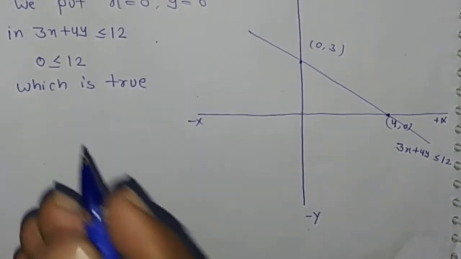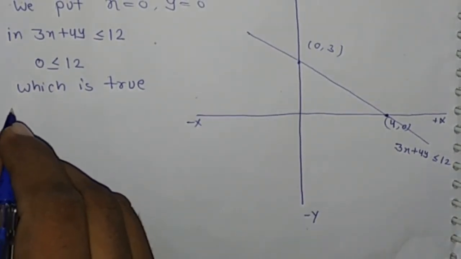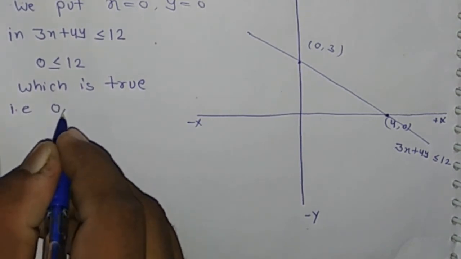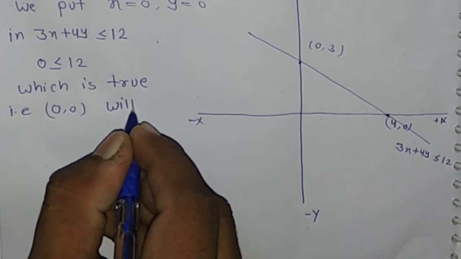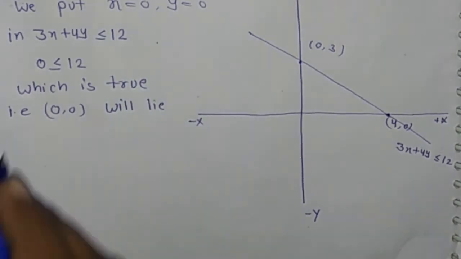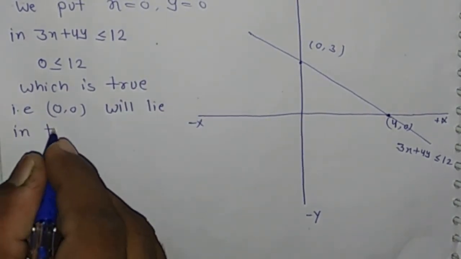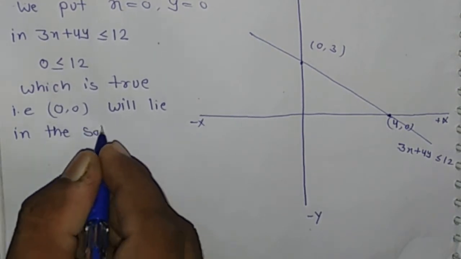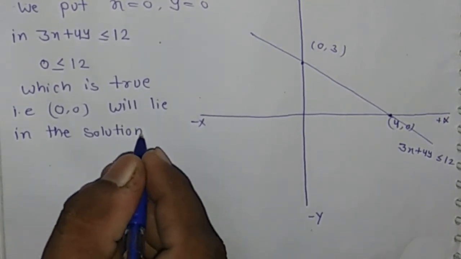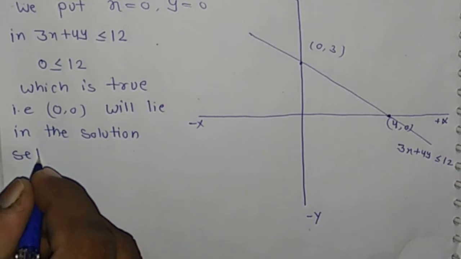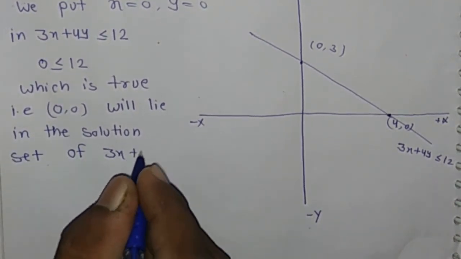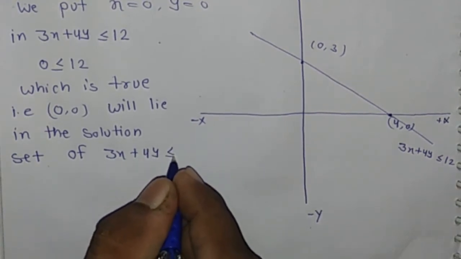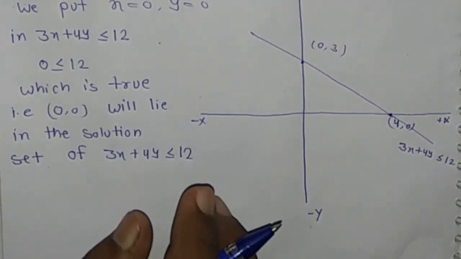That is, 0, 0 will lie in the solution set of 3x plus 4y less than or equal to 12.